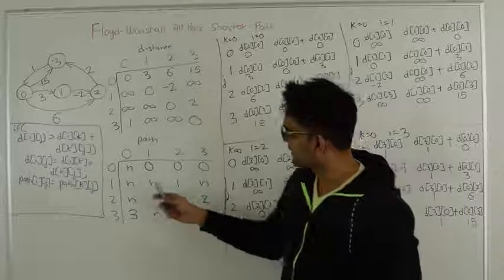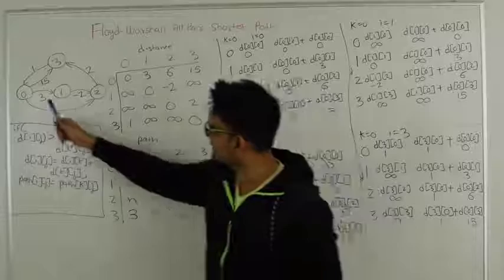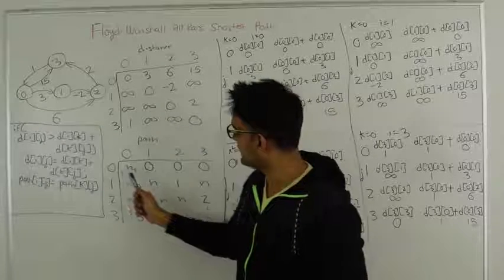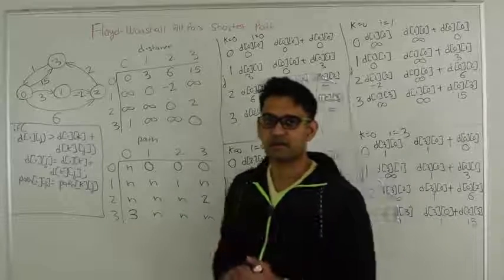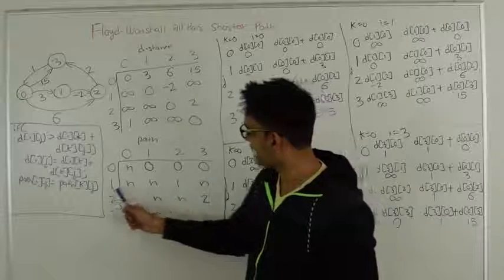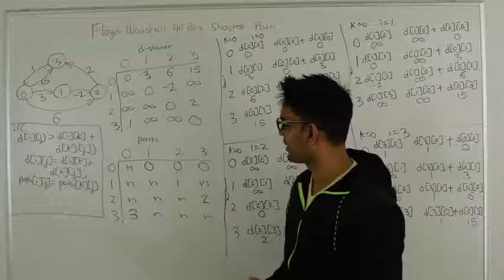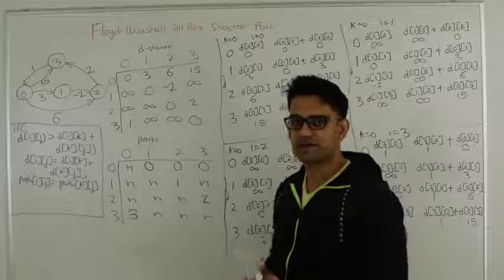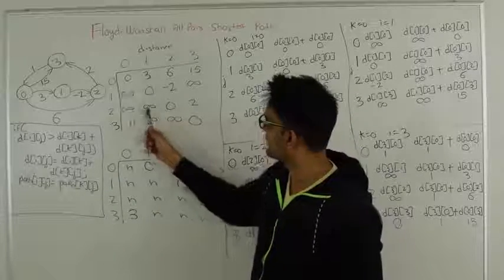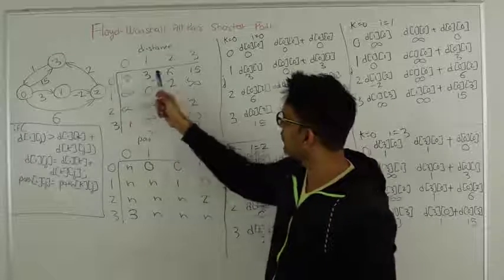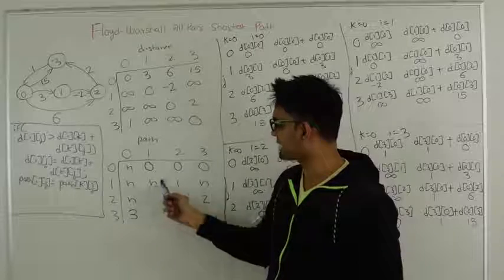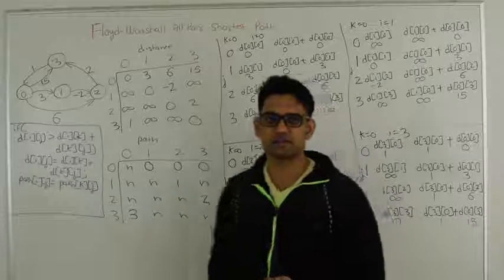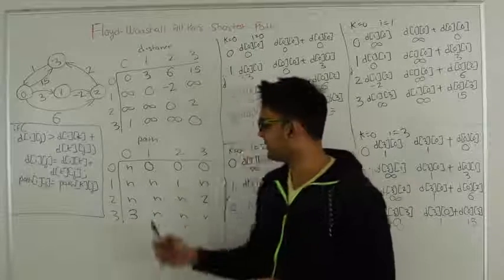So initially, if there is a path between say 0 to 2, then we are going to put 0 here, the start of the edge. And there is a path between 1 to 2, so we are going to put 1 here. And for all the paths which don't exist, we are going to put infinities, and 0 to 0, 1 to 1, 2 to 2 and 3 to 3 are going to be 0. And here I am just going to put n, indicating that there is no path available right now between two vertices.